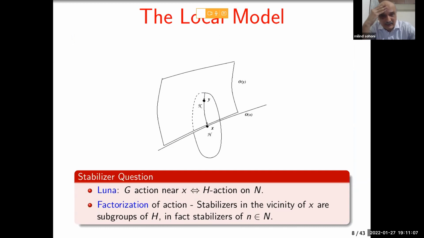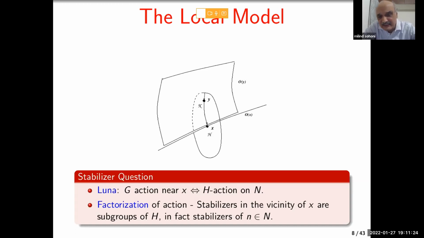So the stabilizer question is how to describe the stabilizers near a given point. Luna essentially treats the case when the orbit of x is closed and the stabilizer of x is reductive.